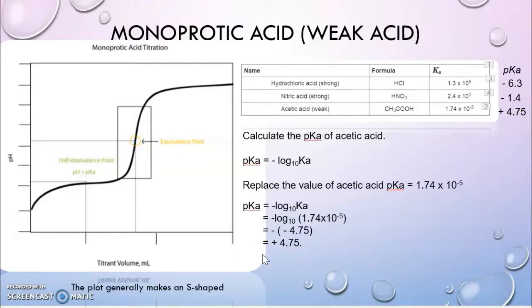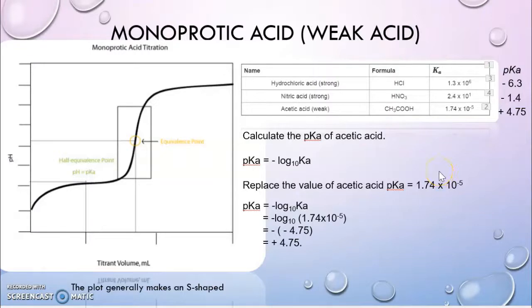Positive 4.75 is the pKa value of acetic acid. A positive pKa value indicates that the acid does not actually ionize fully in water.